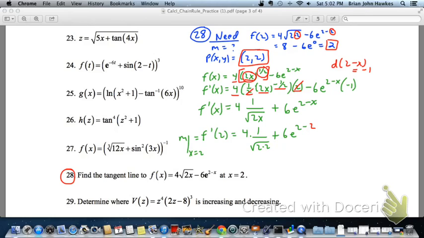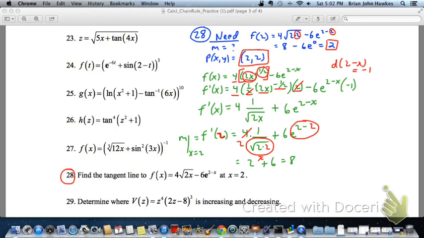Let me replace this with a red 2, so you know where I put that 2 in. Radical 4 is 2, and 4 divided by 2 is 2. So we have 2 plus, and e to the 2 minus 2 is e to the 0, and e to the 0 is 1. So we have 2 plus 6, and that's 8.